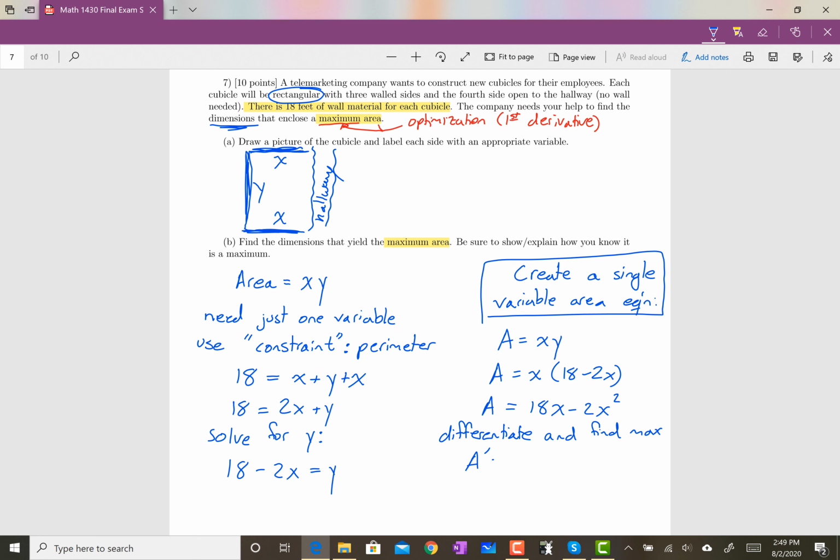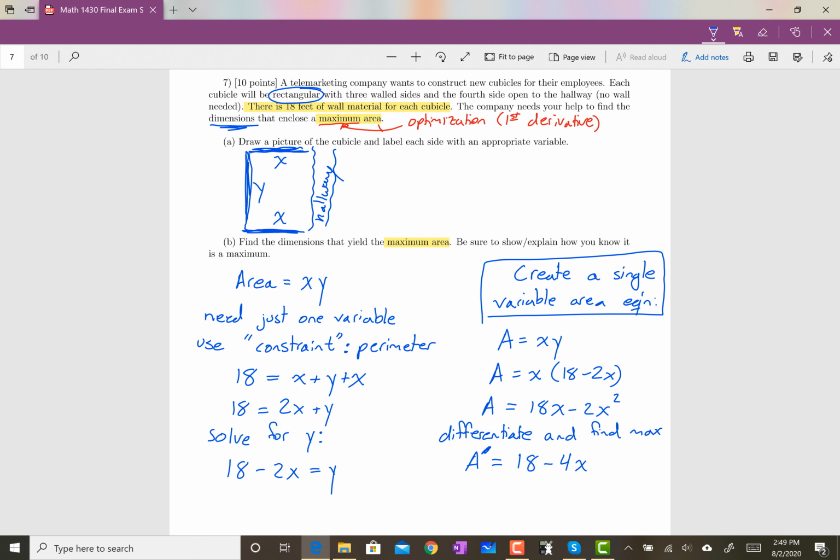My derivative is 18 minus 4x. If you're looking for a max or a min, you're looking for what we call an extrema. To find extrema, you look at where the derivative is undefined and where it's equal to 0. Our derivative is never undefined. We don't see any division or square roots.